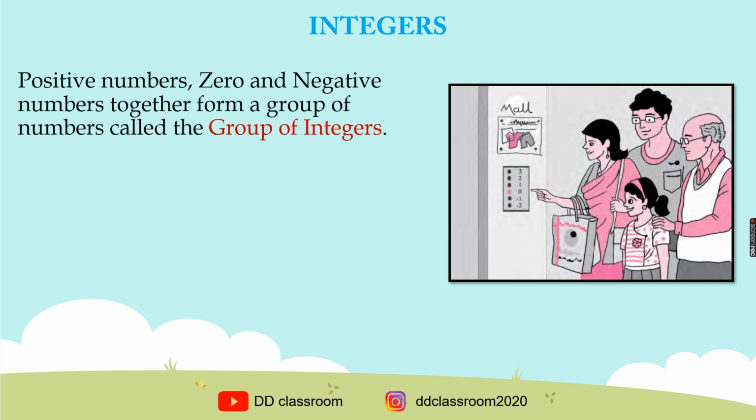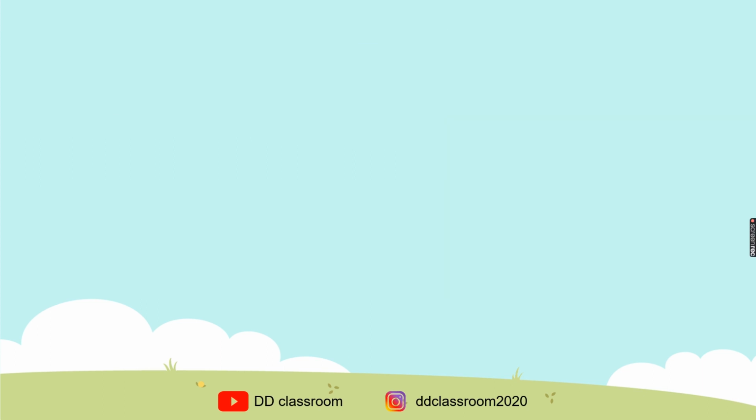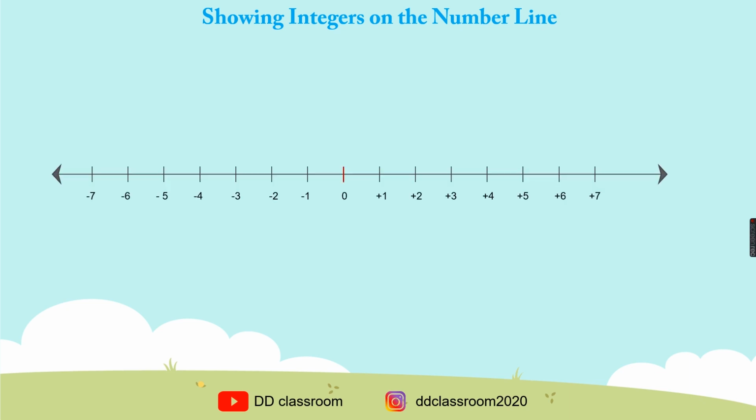See this picture. In the lift, ground floor is number 0. The floors below ground floor are numbered as -1, -2. You can see alongside with this picture. Showing integers on the number line. See this is number line.